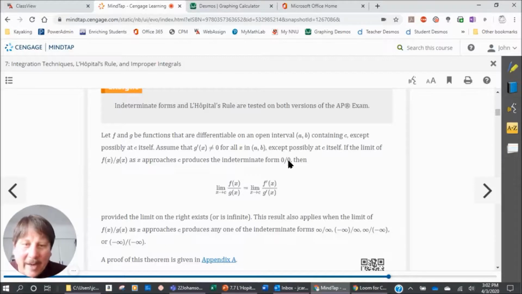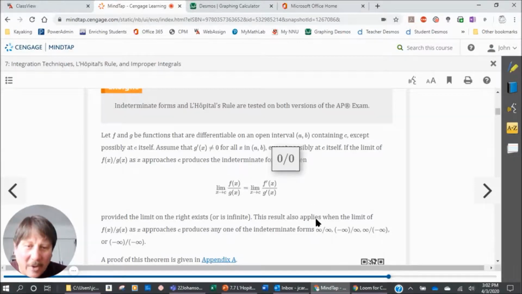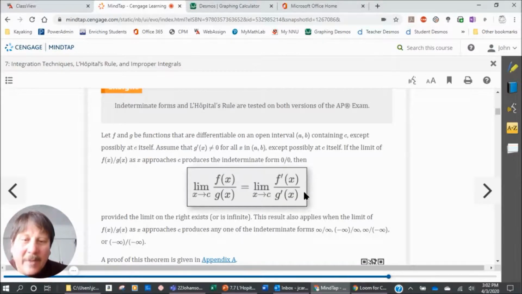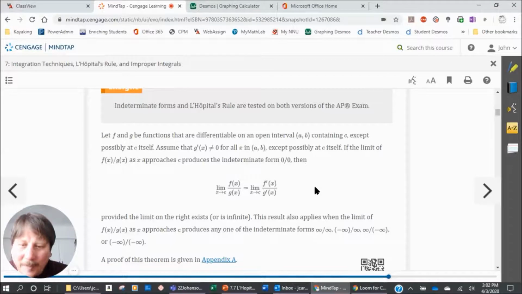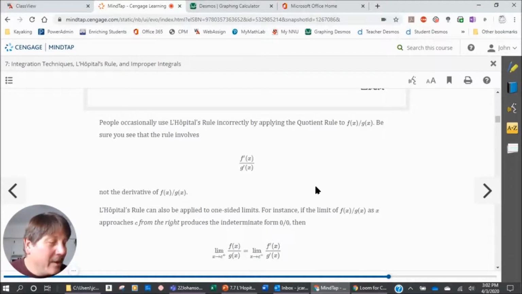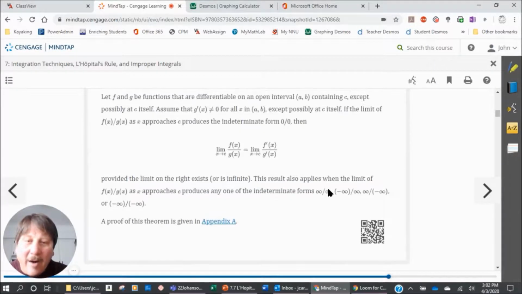But it has to be of a quotient, something over something else. If it's of that form, then you can use the derivative of the numerator and the derivative of the denominator. It's actually really handy because sometimes when you take a derivative, things get simpler. Sometimes, not always.